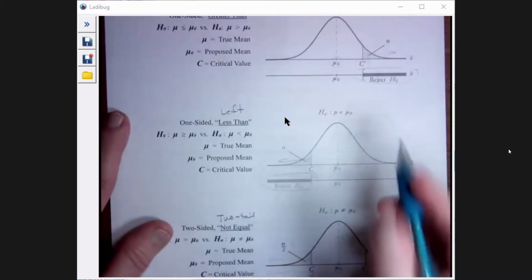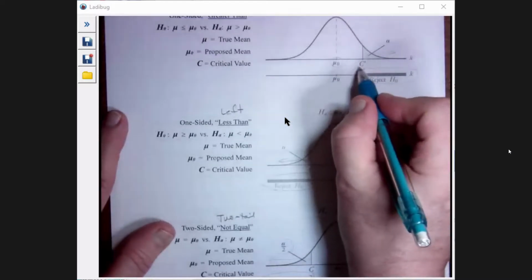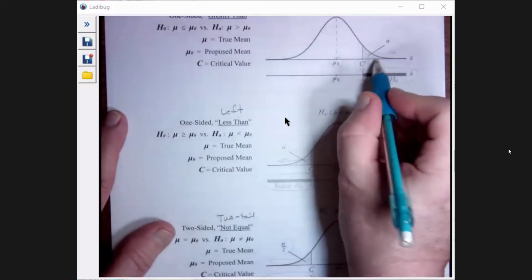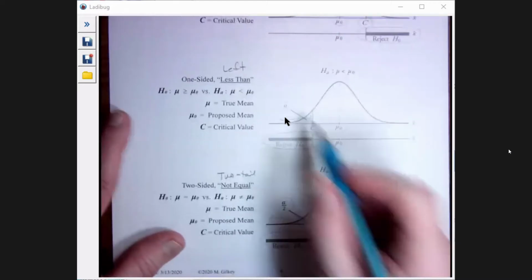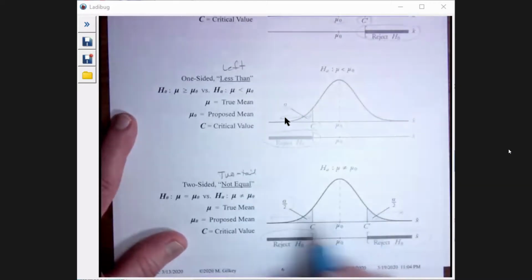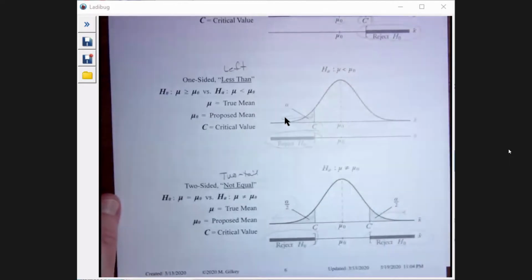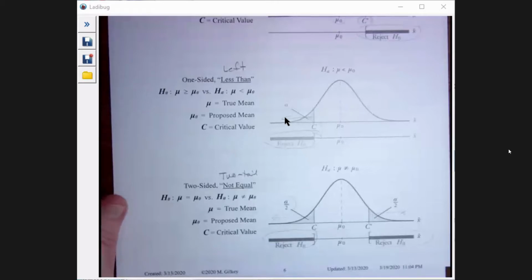So how do I compute a z value that has alpha or alpha over 2 in the tail? What's the function I use in Excel to compute a z value?